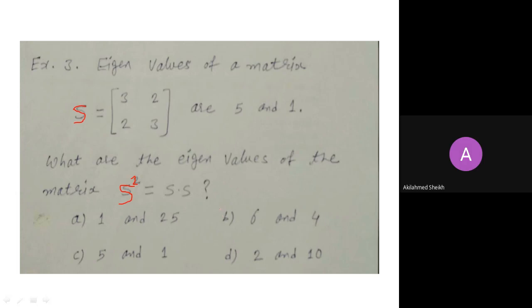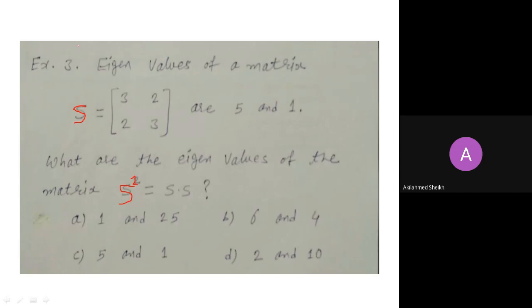Now here it is difficult to find S square and then its eigenvalues. It is time consuming. To find the eigenvalues of S square, if the matrix S is given, then obviously we will use the property of eigenvalues.